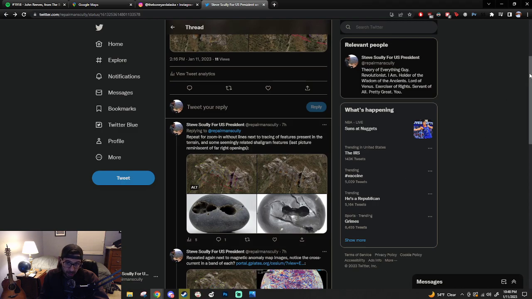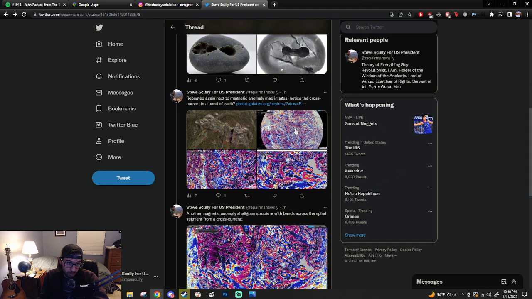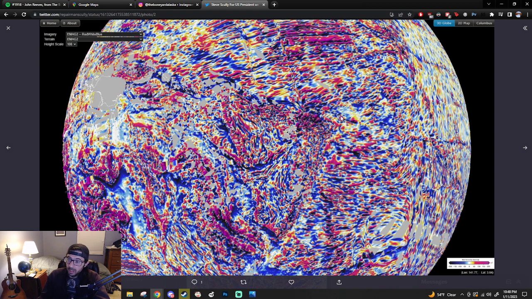But then down here I posted some additional pictures. These are from the magnetic anomaly maps, so we see a similar type of structure here, especially coming this way, with a cross current type of thing going on.